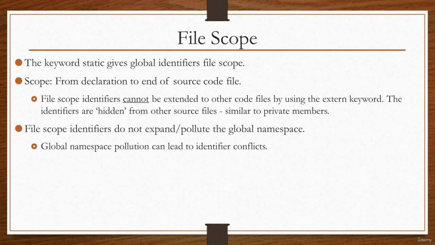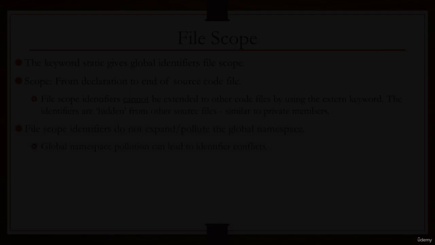The identifiers are basically hidden from other source files, similar to when you use private members in a class or in a struct. File scope identifiers do not expand or pollute the global namespace, as it is called. And again, you want to avoid global namespace pollution because it can lead to identifier conflicts. So instead of using global identifiers, you should use the keyword static to give those global identifiers file scope.